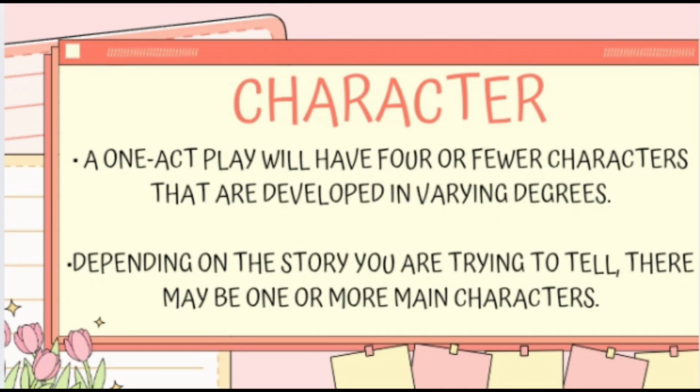In a one-act play, there are usually four or fewer characters. These characters can be developed to different extents. Some may have more detailed personalities or backgrounds than others. The number of main characters depends on the story. There could be one main character or more than one, depending on what the playwright wants to focus on.